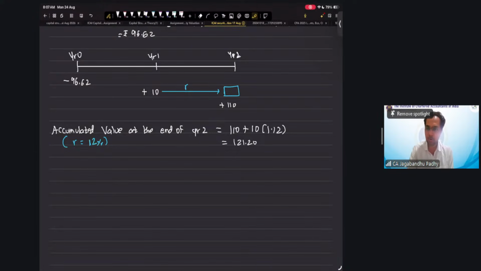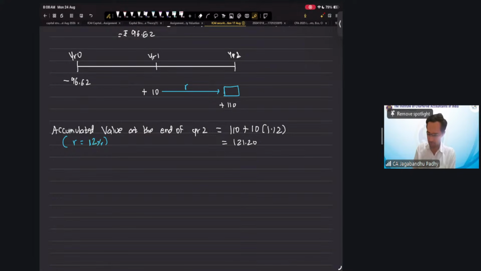Are you sure that you will be able to reinvest at the same rate? No, because the current ongoing rate over here is 12%. And after 1 year, we really don't know what's going to be the rate.